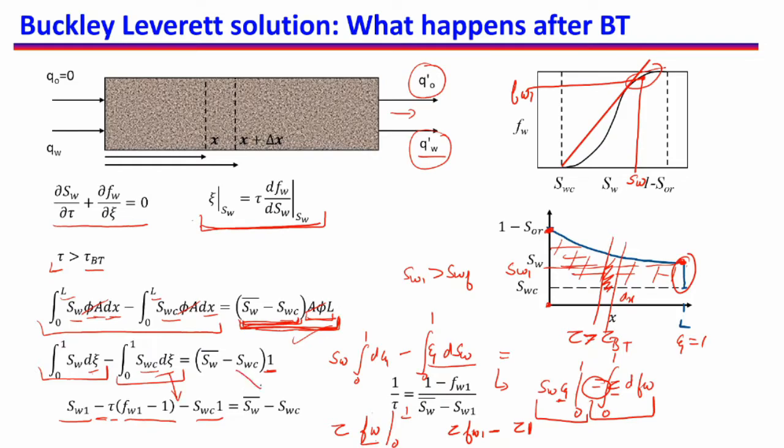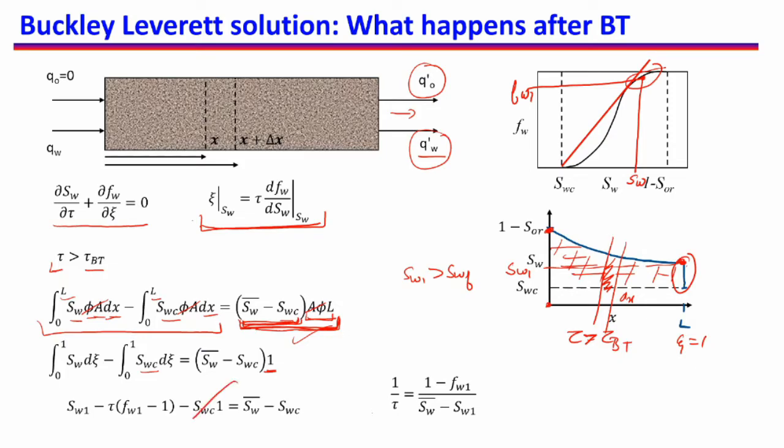Now this I am writing here. So this SWC and this SWC cancel out. Let me erase this now. And when we rearrange this by taking tau and SWs separately, we will end up with this equation.